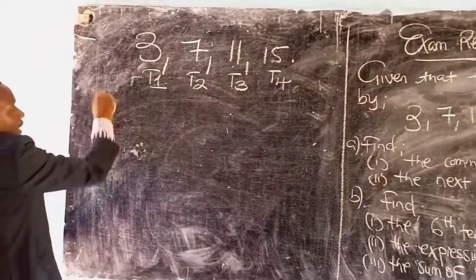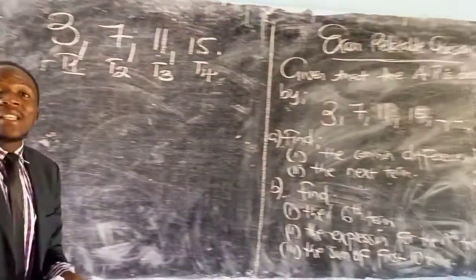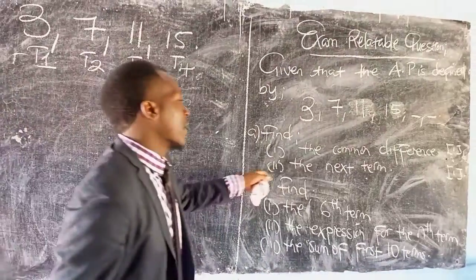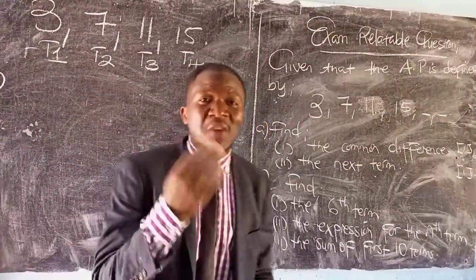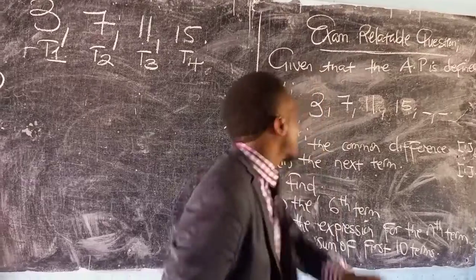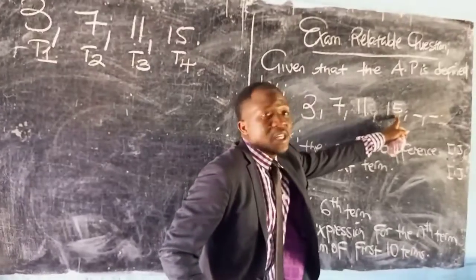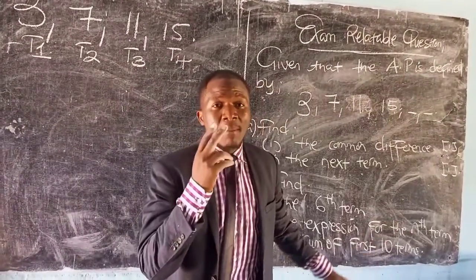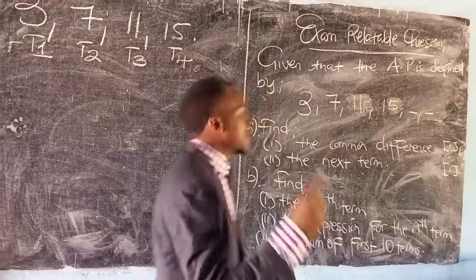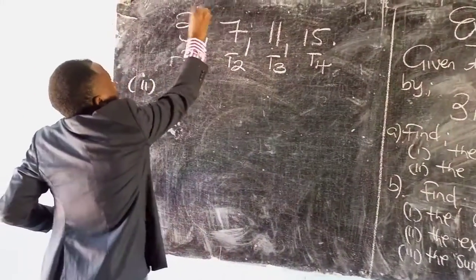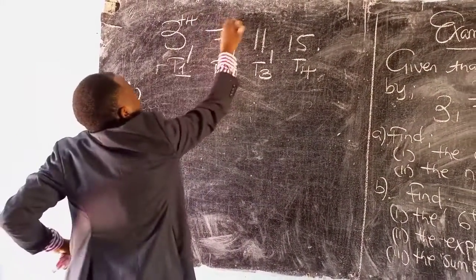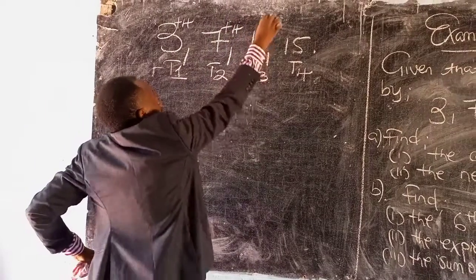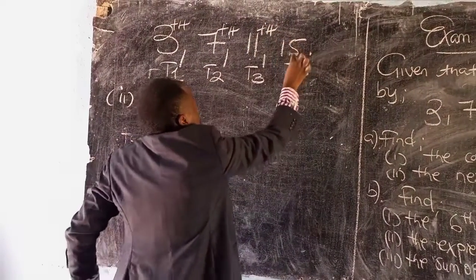Then for the second one, we're saying find the next term. The next term is the number that follows after the last number in the sequence. Our last number is 15. The next term is the number that follows after 15. Since our common difference is 4, we will try 3 plus 4, 7. 7 plus 4, 11. 11 plus 4 will get 15.